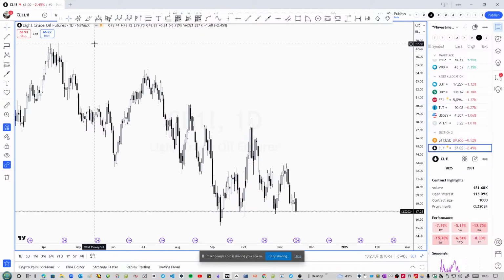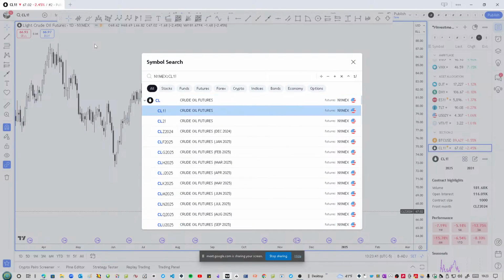And here on crude oil, for example, you will see that we have a contract for December, January, February, March, April, and so on and so forth. So you see that we have a contract for each month. Why? Because oil is a highly used commodity. We need it for kerosene for our planes.